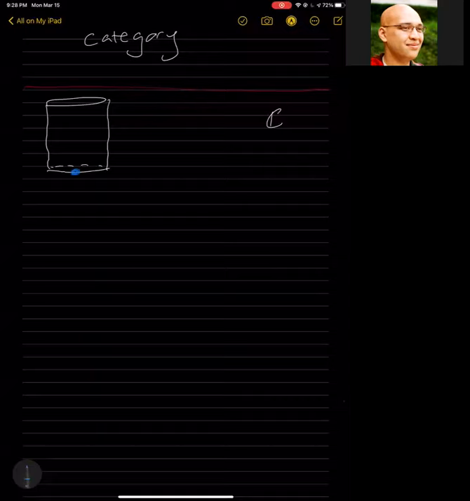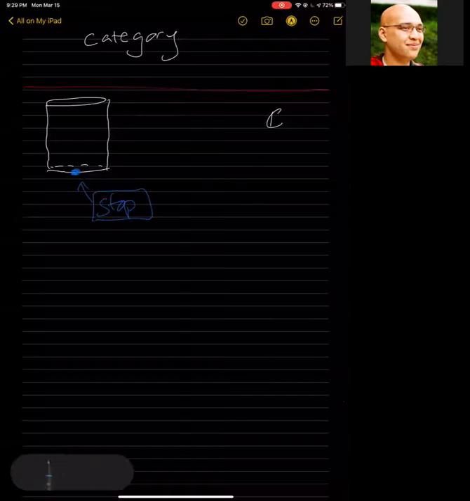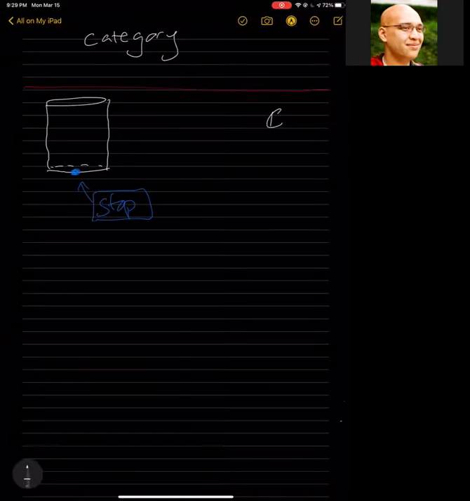Okay, so it's a cylinder with, on one end, one point distinguished. And this point is what is called a stop. Okay, so let me just now say the dictionary again.